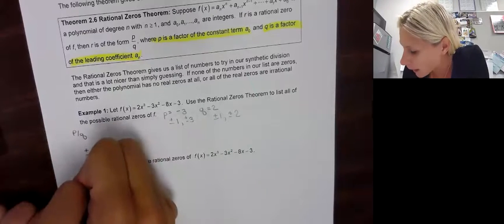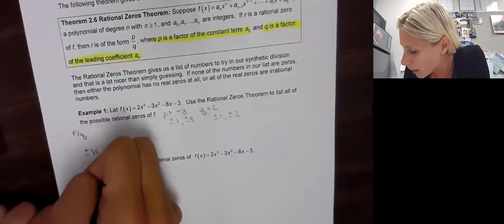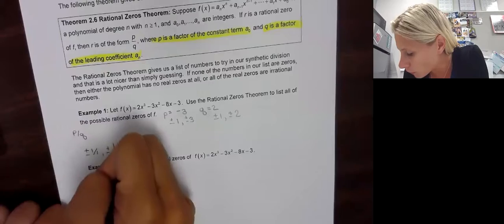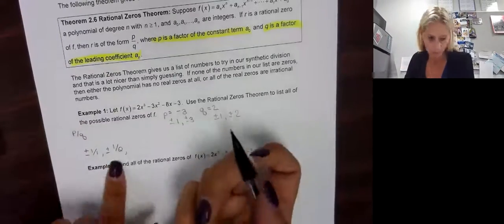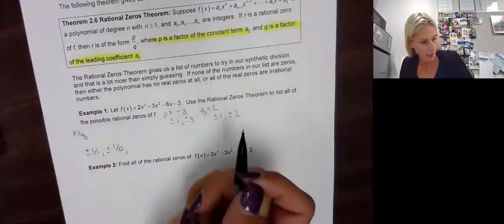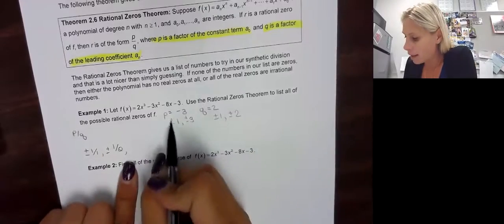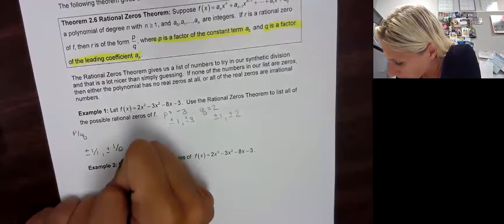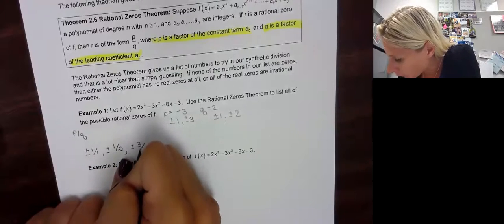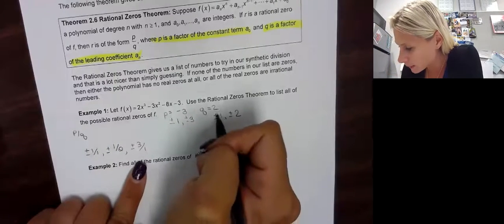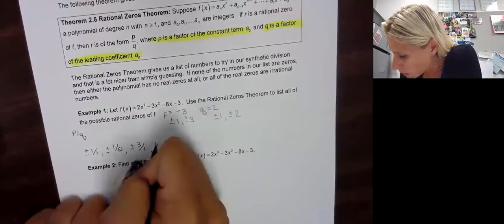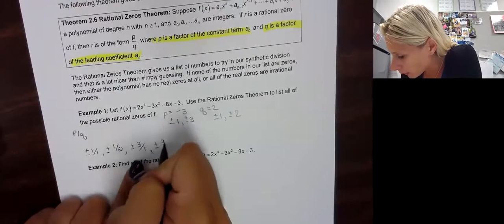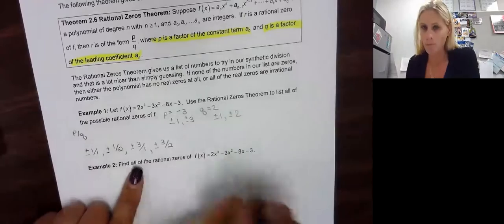I can do plus or minus P of 1 over 2. I already did the 1, so let's do P of 3: plus or minus 3 over 1, because that's a Q, and plus or minus 3 over 2.